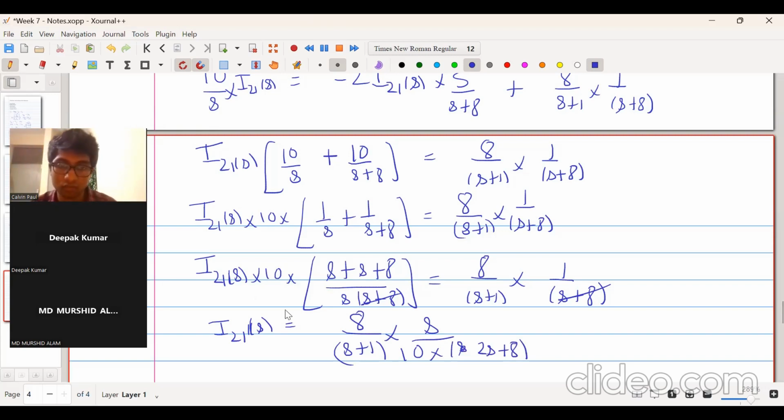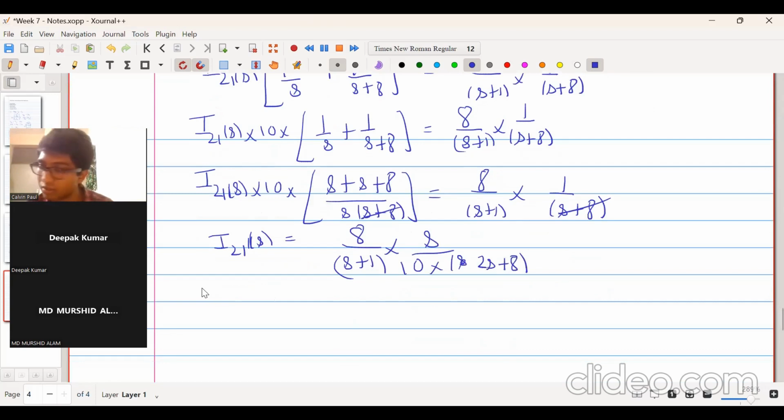No, sir. So we get I21 of S is equal to 0.4 S upon S plus 1 into S plus 4. Any doubts in this?